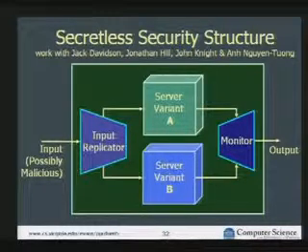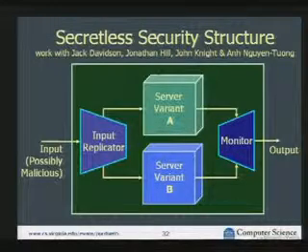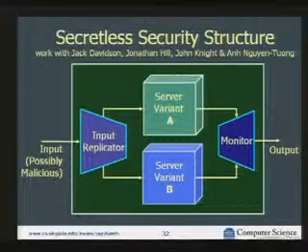If they do something different, and in particular if we can construct variants so any attack that succeeds on one of the variants is guaranteed to make the other one crash, then the monitor knows something's wrong, recovers the system in some way, and doesn't send output to the attacker.